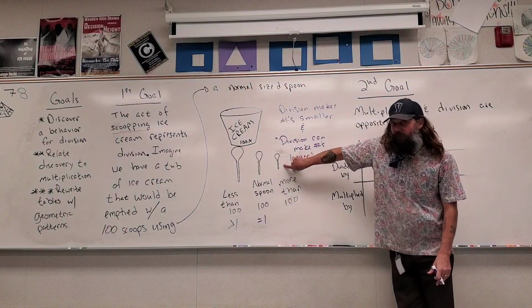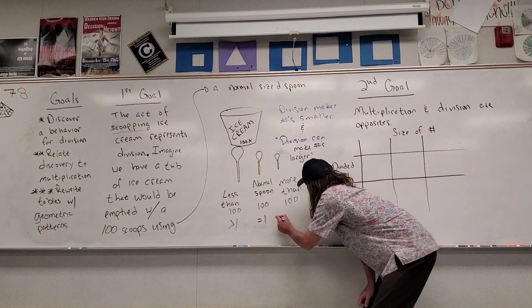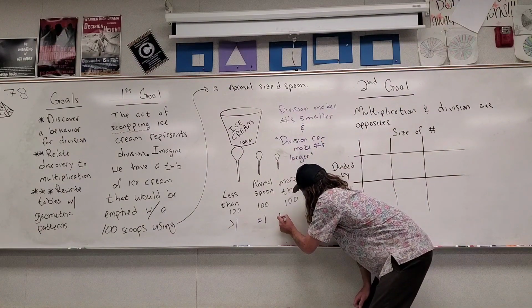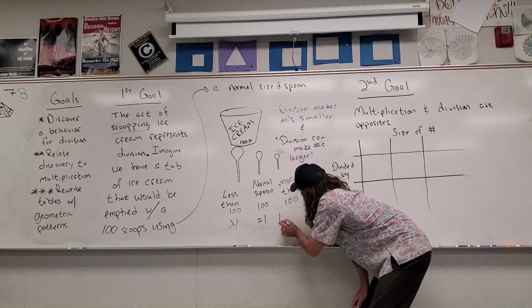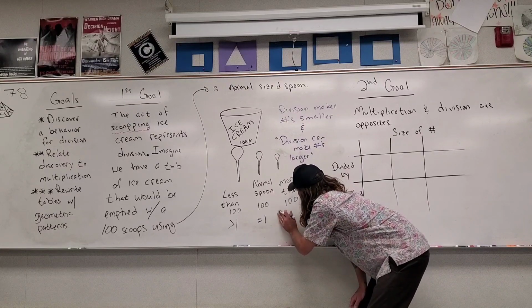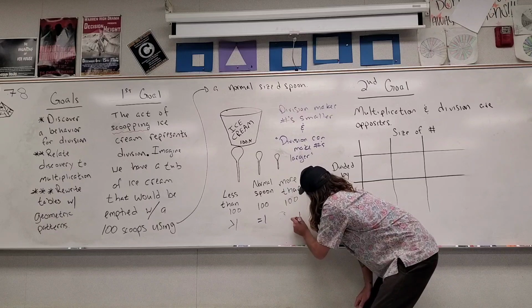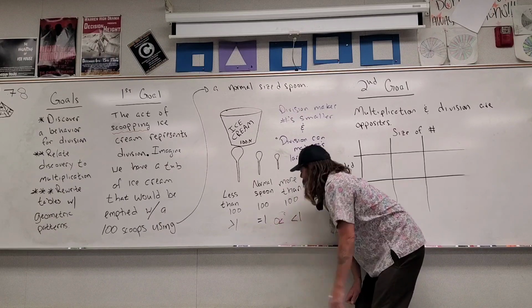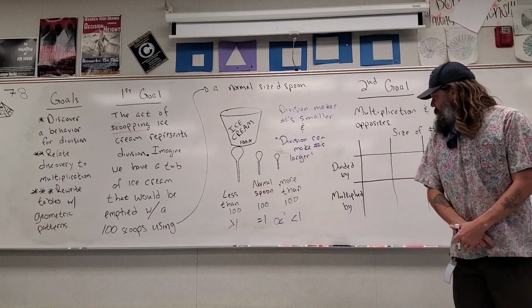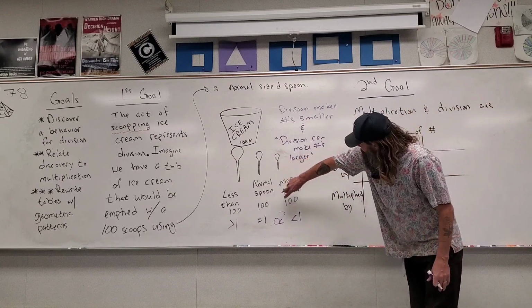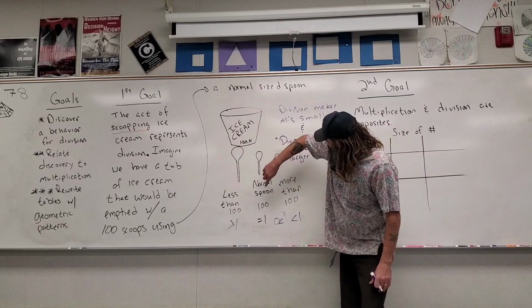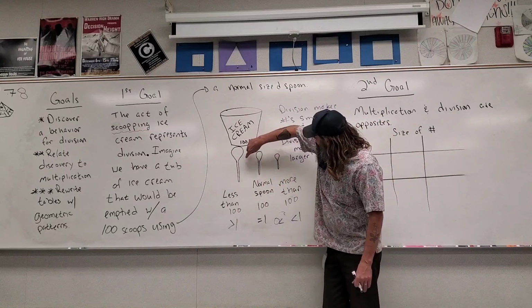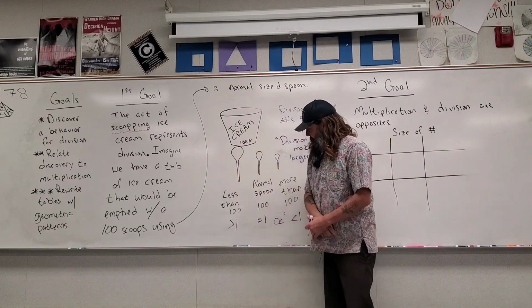The smaller spoon are numbers that are smaller than 1. Oh, let's see. How do I write this? These are numbers smaller than 1, right? But they're also numbers that are bigger than 0. We're only dealing with positive numbers. So the small spoon are numbers between 0 and 1. The normal spoon is equal to 1. And the large spoon are numbers larger than 1.